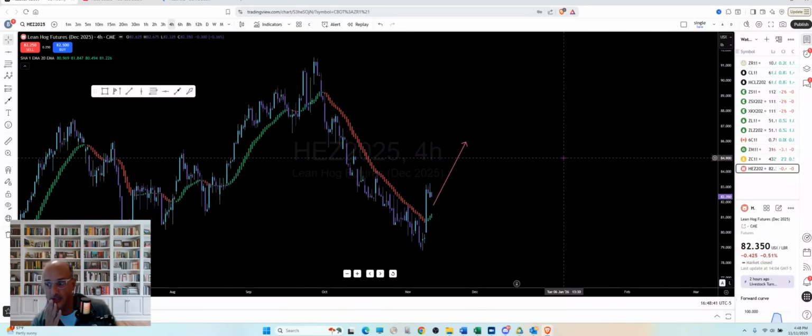So we're going to see what happens. And for the soy complex, for soybeans and soybean meal, we're potentially going to look for some corrective price action, and then maybe a return to the uptrends. And corn, we're going to wait for, from me anyways, a breakout out of that congestion area on the 4-hour chart.